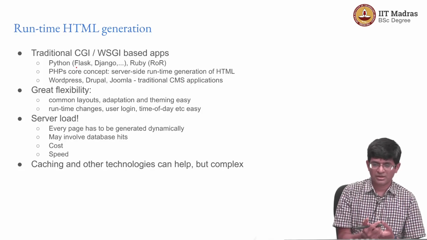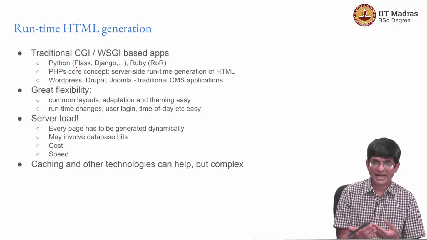Okay, a lot of well-known sites and site management mechanisms, usually what are called content management systems or CMSs, are built around this kind of approach. So you have WordPress, Drupal, Joomla, right? All of those are generating the pages for you at runtime.